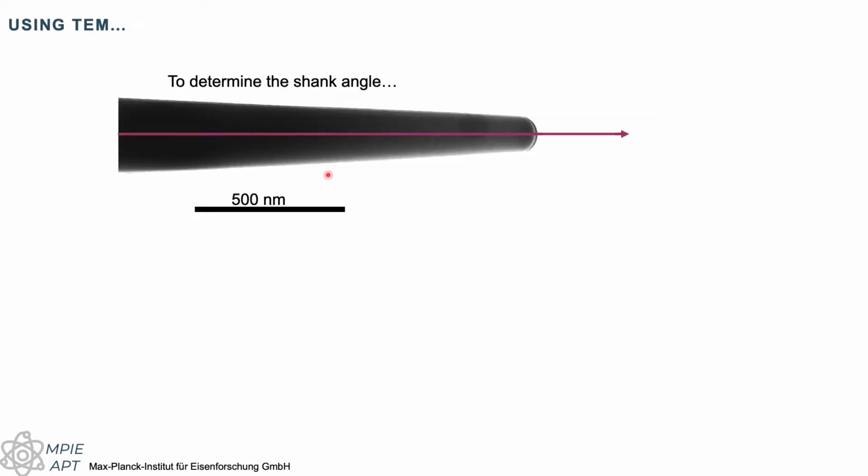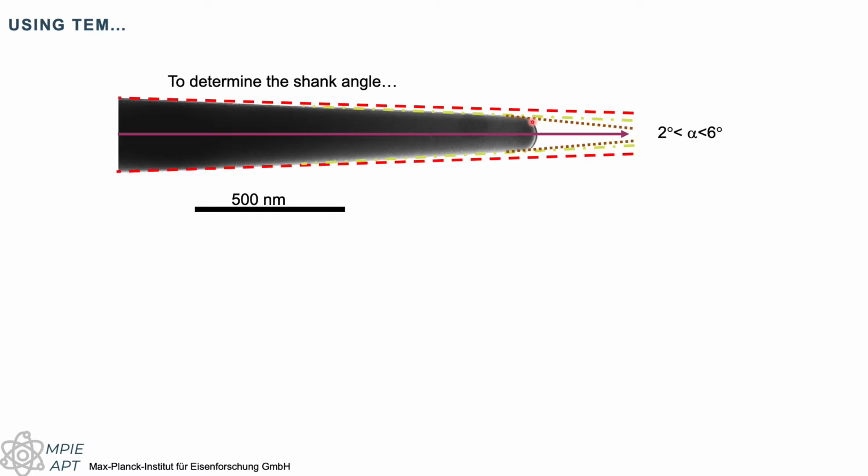To determine the SHANK angle, this is a TEM image of the pure aluminium needle, and it's not that straightforward, actually, because if you look far away from the apex, the SHANK angle might only be a few degrees, and as you get closer to the end, we see that it's going to start increasing to maybe 5, 7, 8, 10 degrees.